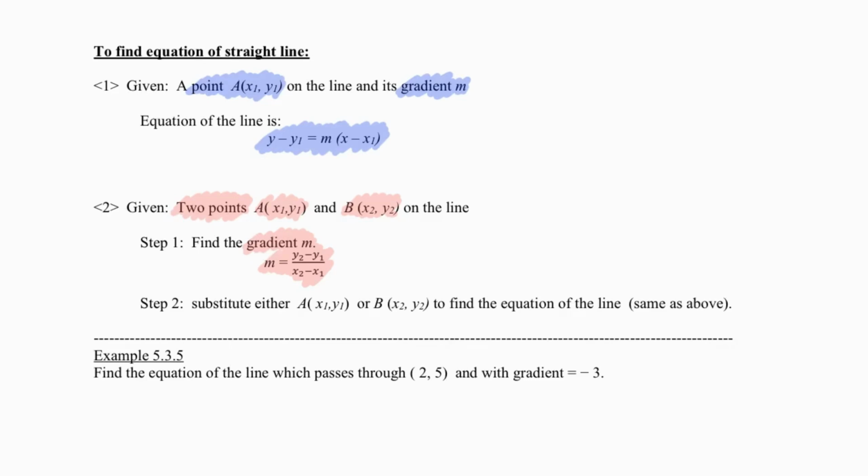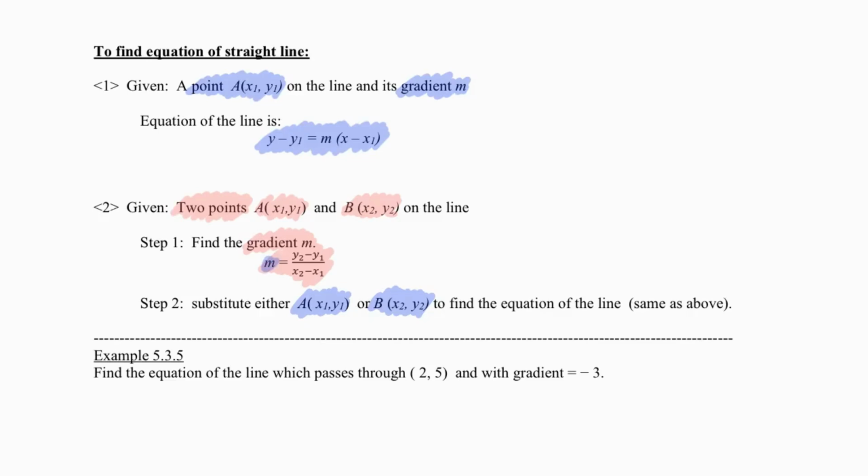Step 2 is to apply step 1, approach 1, method 1. Because now we have at least 1 point, so either this or this, and we get the equation of the line. Okay? Because we now have the gradient as well.